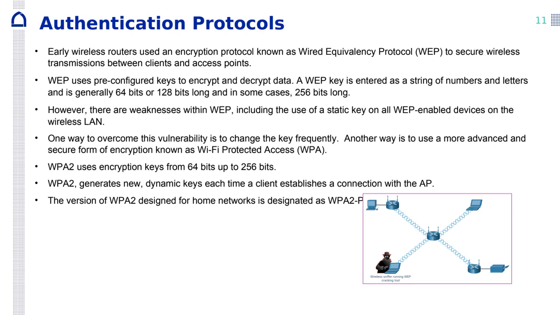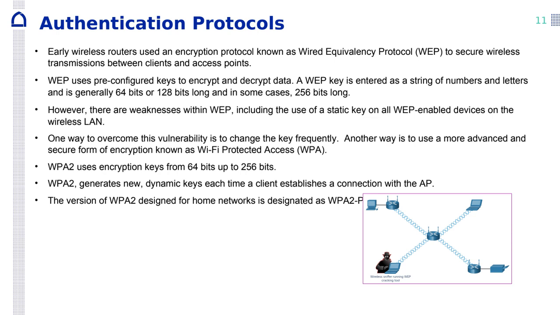Okay, because it is using a static key. They can hack, they can get the key. Okay, so to overcome this vulnerability is to change the key frequently, but this is not practical.